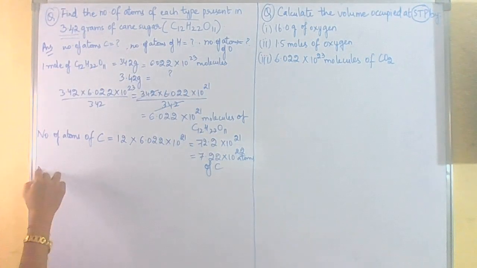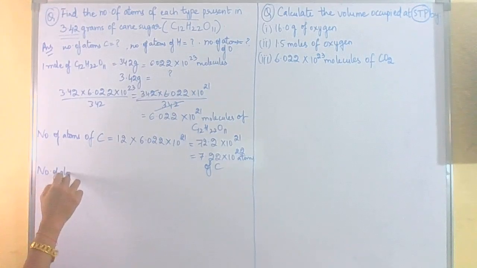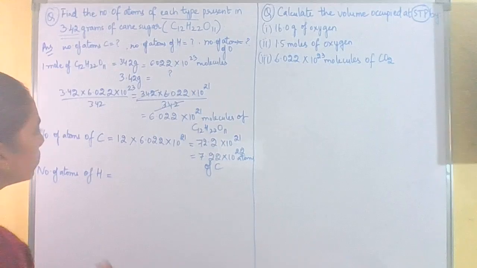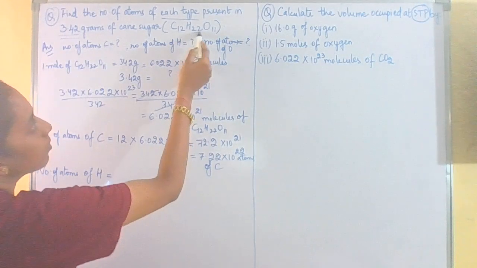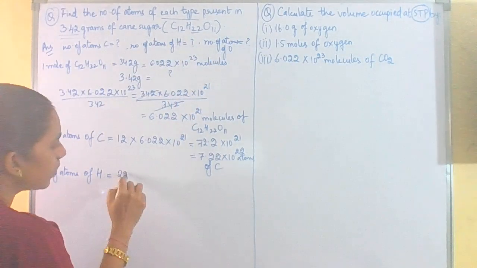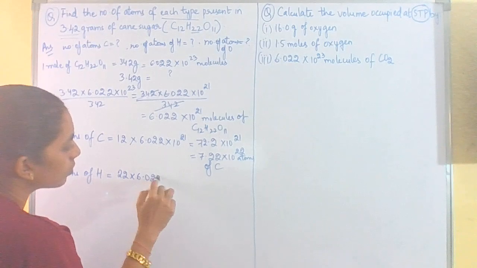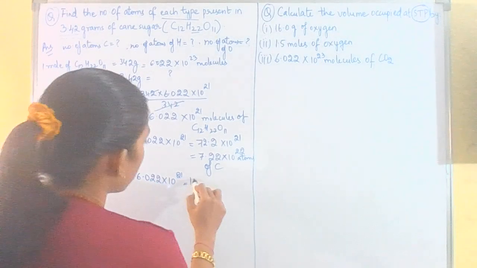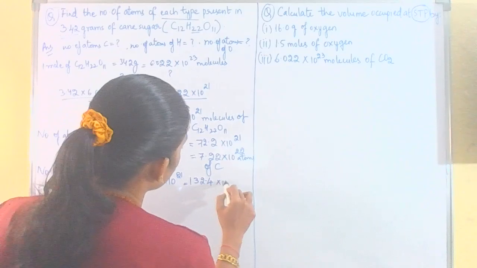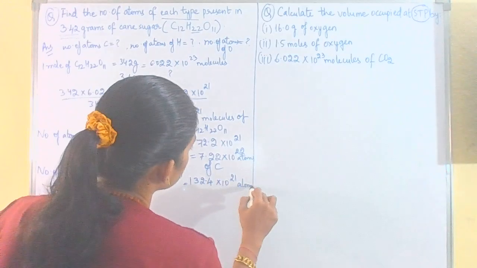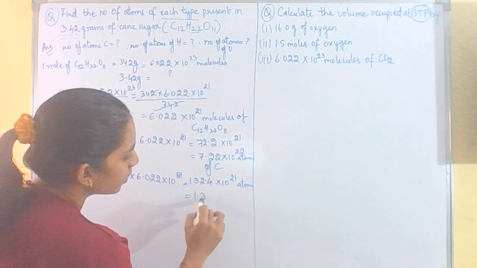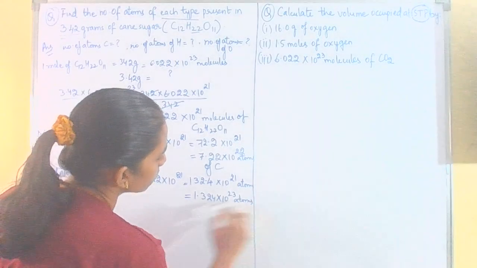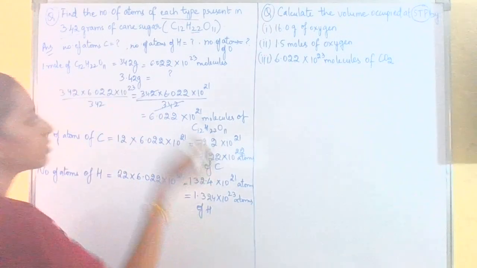Okay. Now number of atoms of hydrogen is equal to, hydrogen here, we have 22 hydrogen atoms. 22 into 6.022 into 10 to the power 21, which is equal to 132.4 into 10 to the power 21 atoms, which is equal to 1.324 into 10 to the power 23 atoms of hydrogen is present in 3.42 grams of cane sugar.